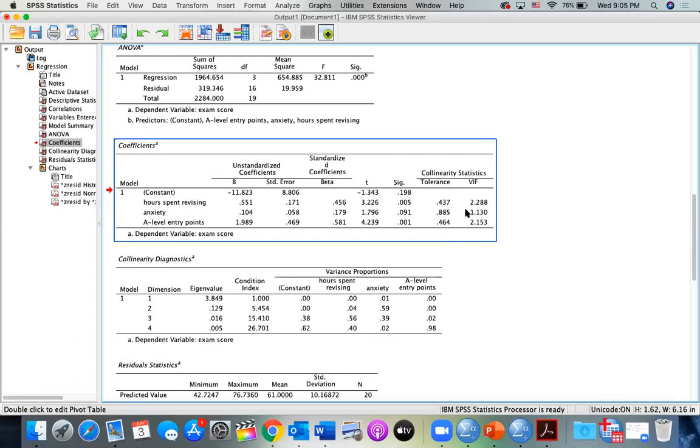First of all, we will talk about the collinearity statistics, and it's the statistic that assesses the collinearity between predictors. Usually, we rely on the last column, the VIF statistic.